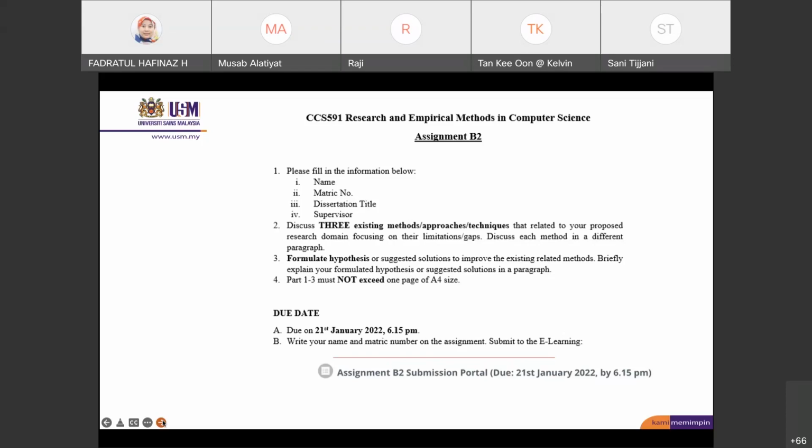You need to briefly explain your formulated hypothesis or suggested solution in a paragraph. Okay, parts 1 to 3 must not exceed 1 page of A4 size. The due date is 21st January 2022.